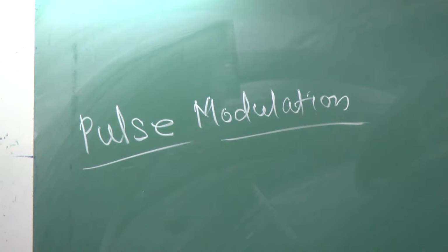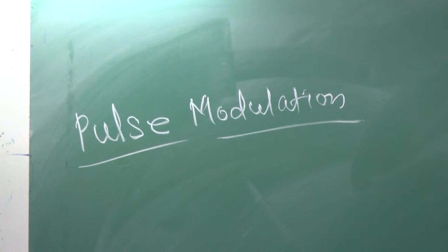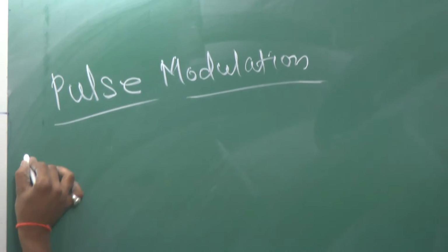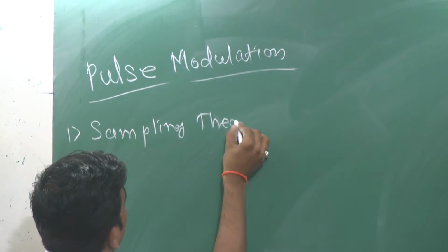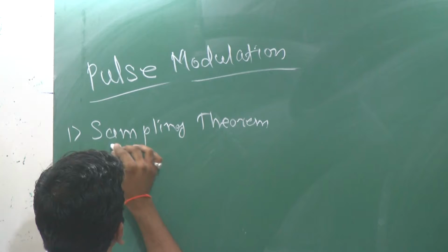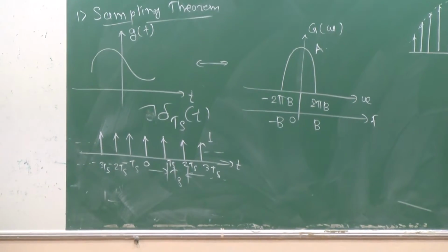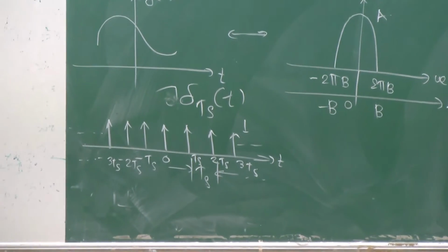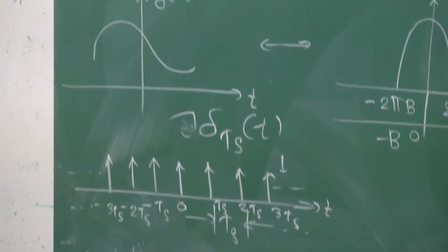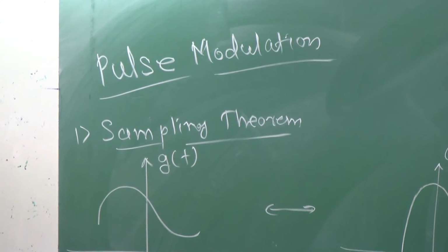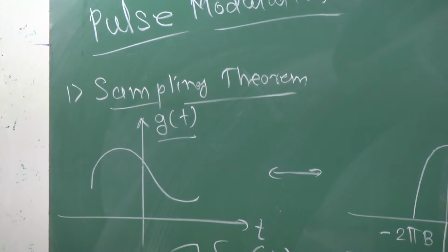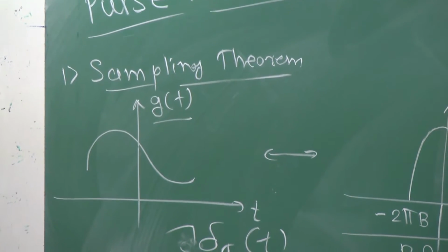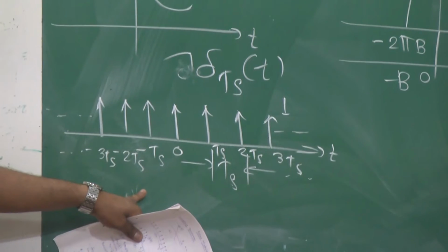In pulse modulation, the first point we have to see is the sampling theorem. In this pulse transmission, we have an analog signal G of t, which is sampled.